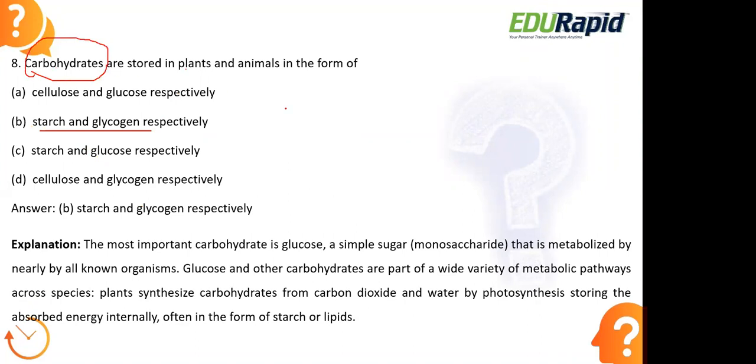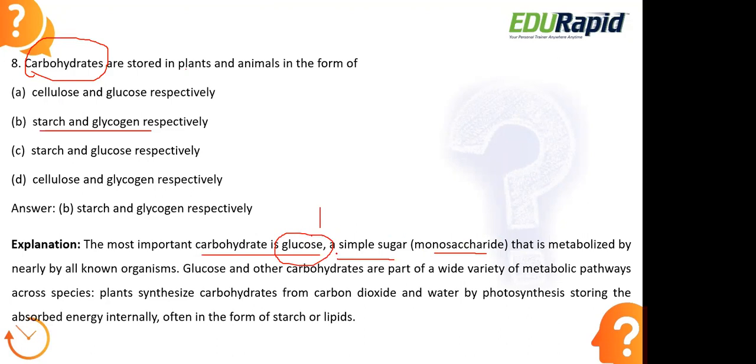It has to be further broken down to release energy, because we know that carbohydrate is energy-giving food. Glucose is a simple sugar, which is a monosaccharide. Saccharide is nothing but a sugar unit, so glucose consists of only one sugar unit.